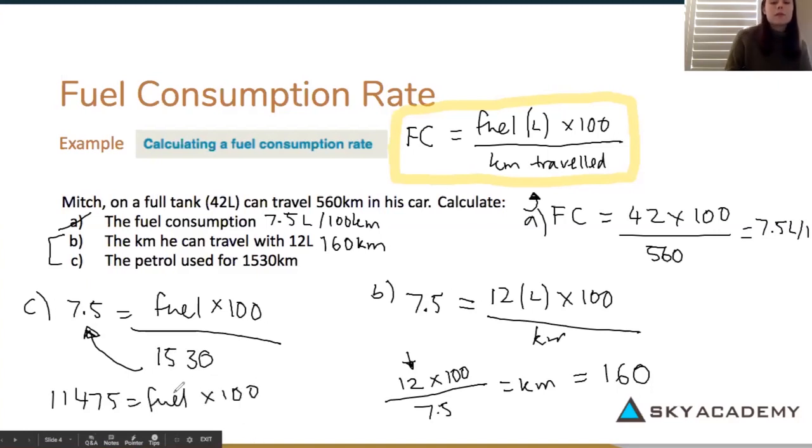And then to get fuel by itself, I'm going to take my 100 over and divide by 100. So fuel is going to equal 11475 divided by 100, and it's going to leave me with 114.75 litres. So if I travel 1,530 kilometres, I will use 114.75 litres.